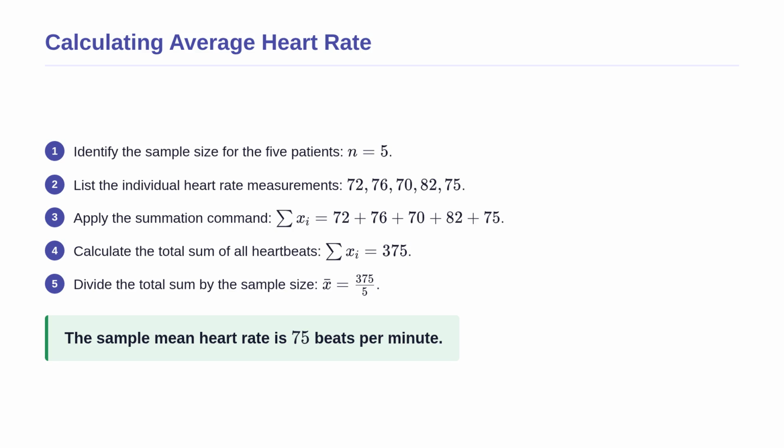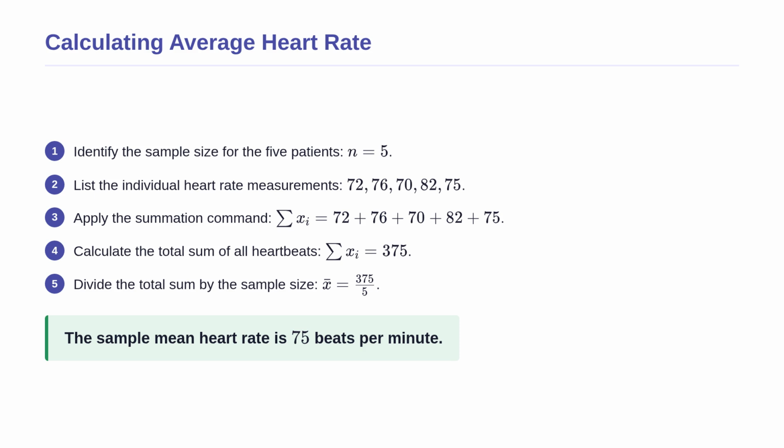Suppose you are working in a cardiology clinic and need to find the baseline resting heart rate for a small group of patients. You are given 5 heart rate measurements. First, we identify our sample size, n, which is 5. Next, we apply the summation part of our formula by adding together every single heart rate measurement, 72, 76, 70, 82, and 75.